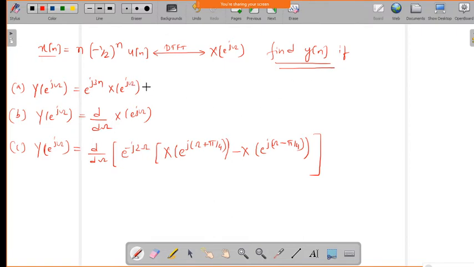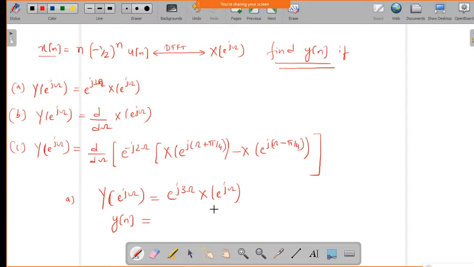So for the first one, Y of e power j omega is equal to e power j 3 omega into X of e power j omega. Now if you take the inverse DTFT, by using the time shift property, we can say that this is shifted by 3 units. The corresponding time domain signal is y of n.